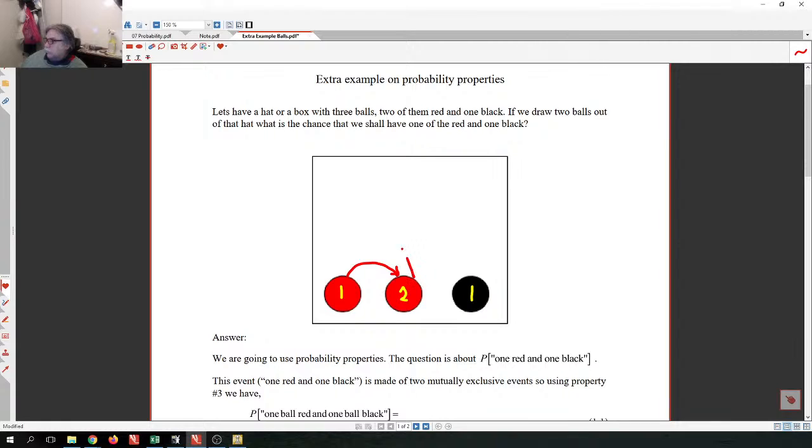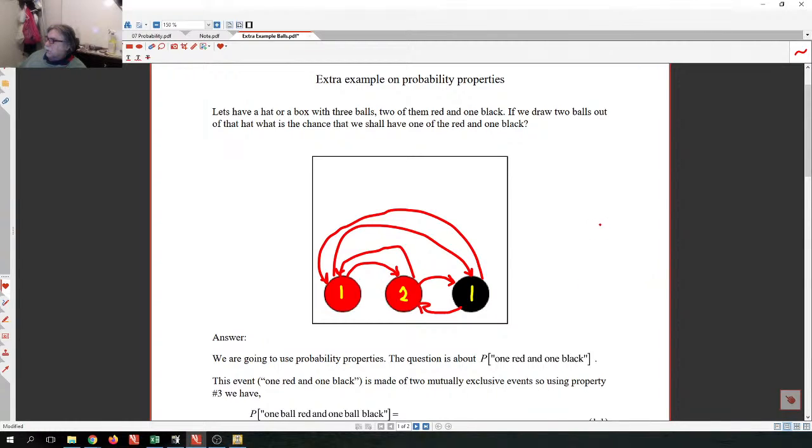First, second. The other choice. First, second. One more choice. First, second. The other choice. First, second. And one more choice. First, second, and the other choice. First, second. Okay? If you count, this is 6.